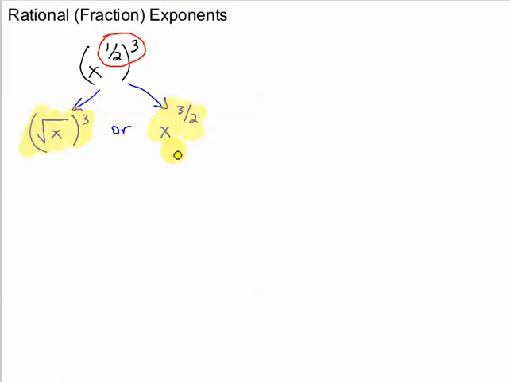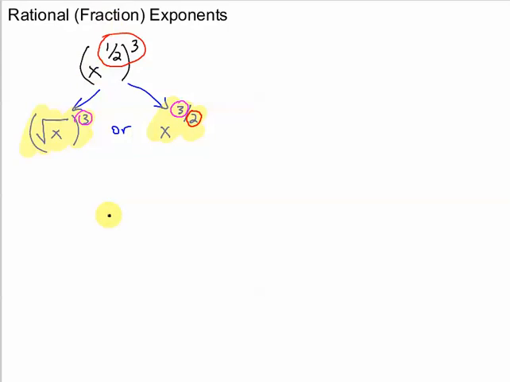Okay? So now let's examine this. Over here you have a square root. Well, that makes sense because 2 is the denominator and that should be your root. So you do have a square root. Now the part we're going to learn is the numerator in the exponent should be the power in the expression.